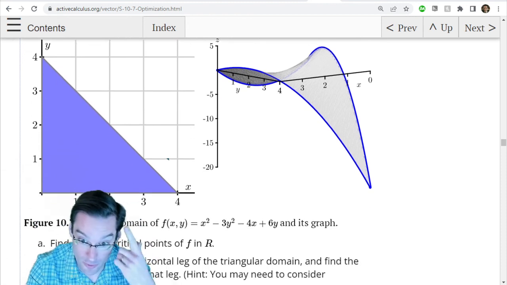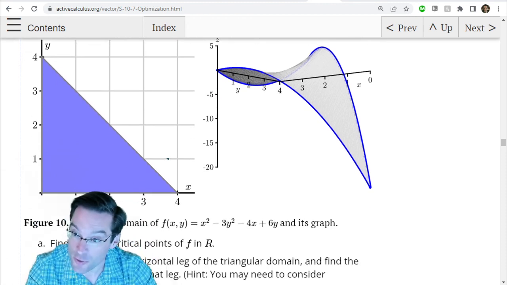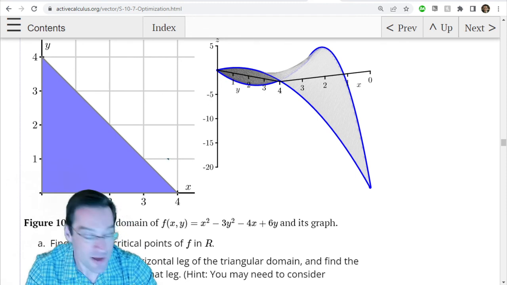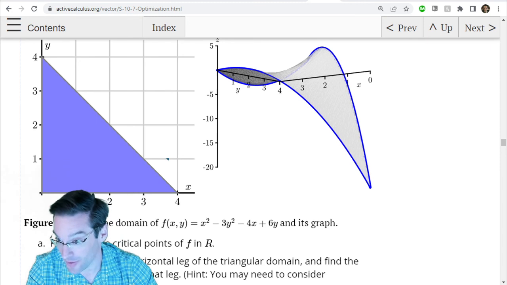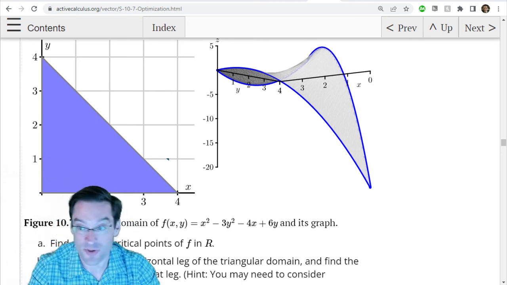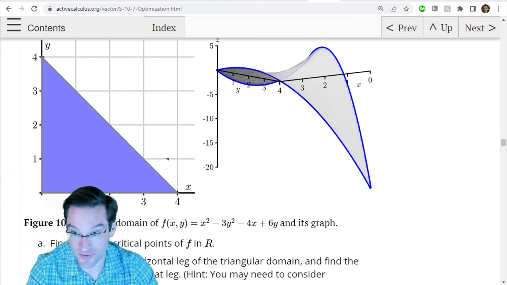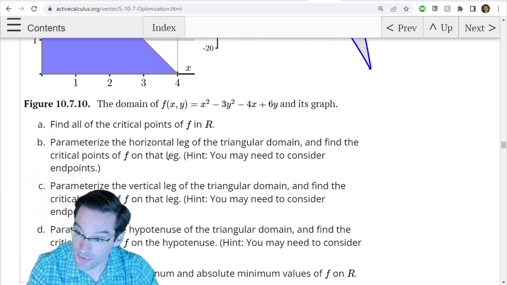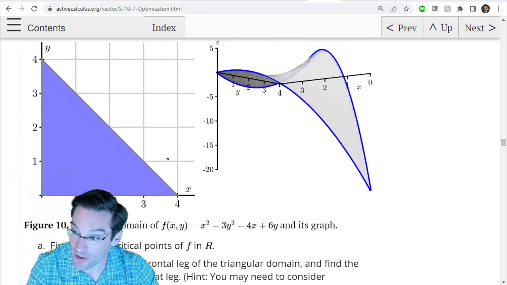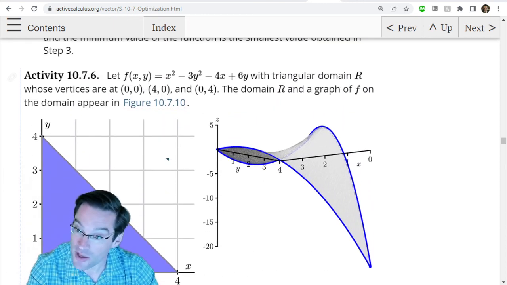So that triangular region in the xy plane. And so when you parameterize the boundary, you end up needing to do 3 different parameterizations: a parameterization for the horizontal side, a parameterization for the diagonal side, and another parameterization for the vertical side. Each of those parameterizations is significantly simpler than the one that we just did, but you do have to do them in 3 separate steps. So if you want a good example of what a problem like this can look like, activity number 6 in this section is a good place to start.